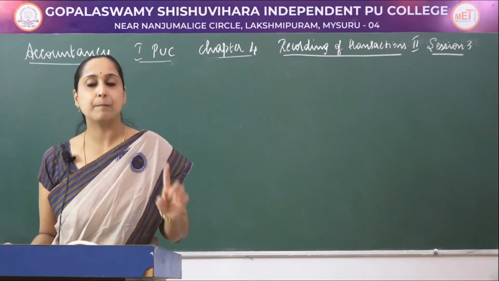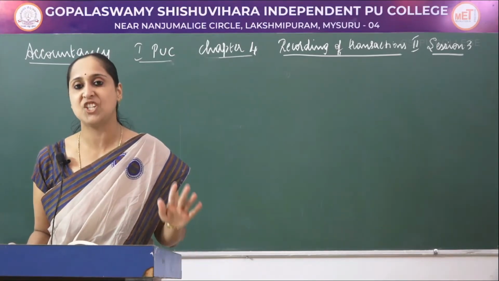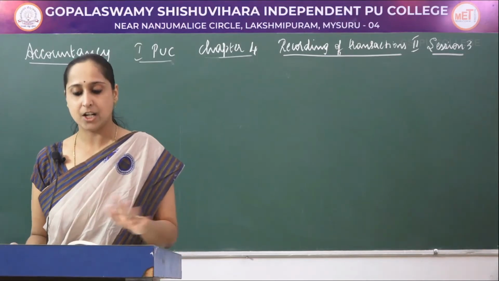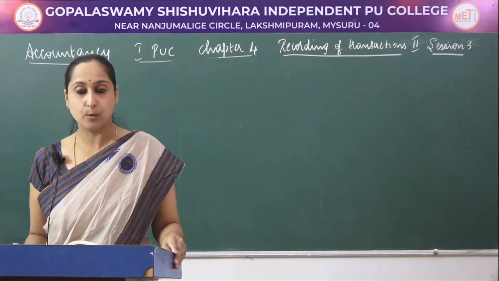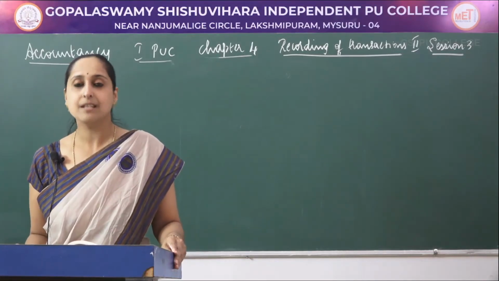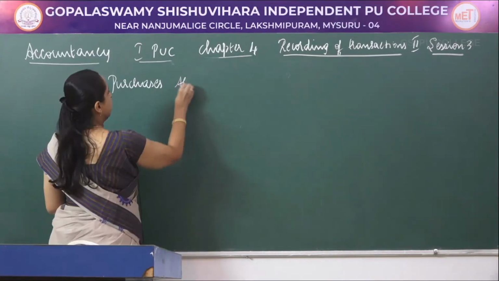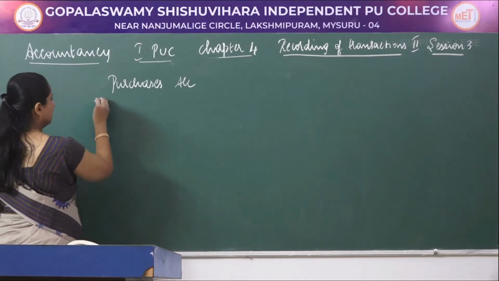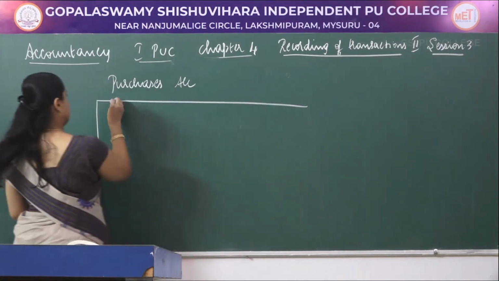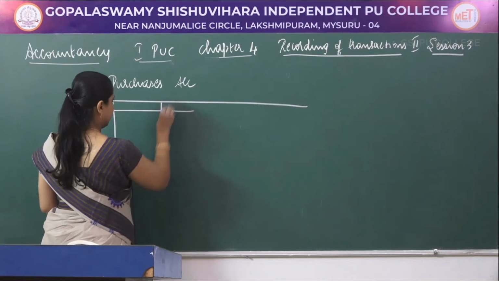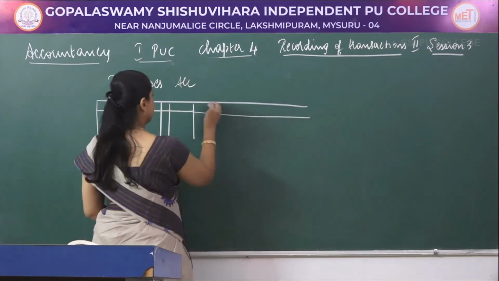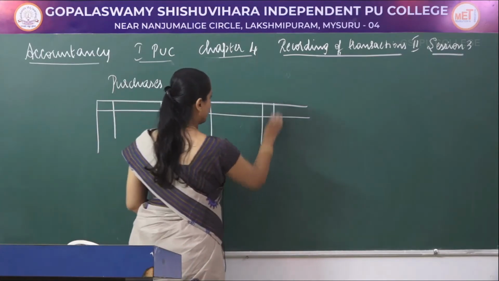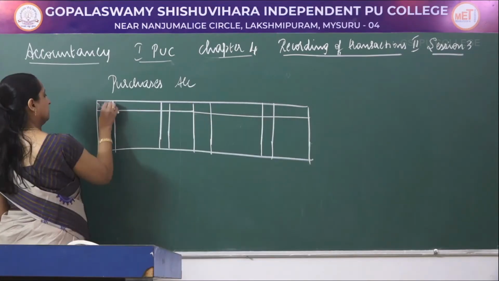First one is purchases account, second is purchase return account, third is Rajendra account, fourth one is Arun Desai account, fifth one is Guru Prasad account, and sixth one is Asghar Khan's account. In purchases account, date, particulars, journal folio amount, again date, particulars, journal folio amount.